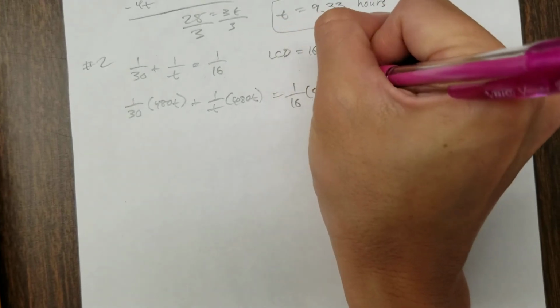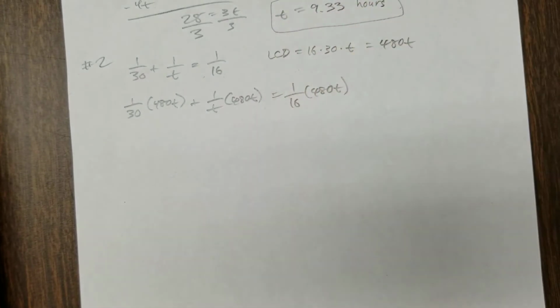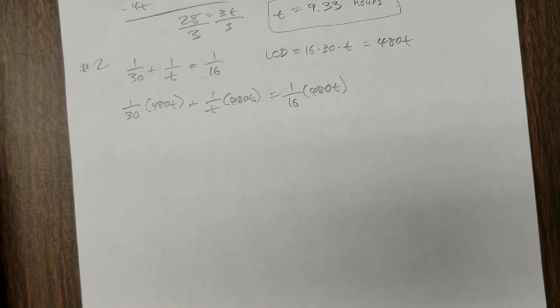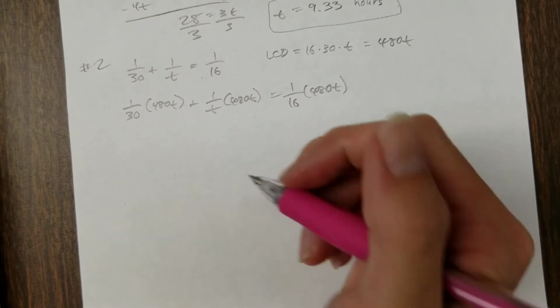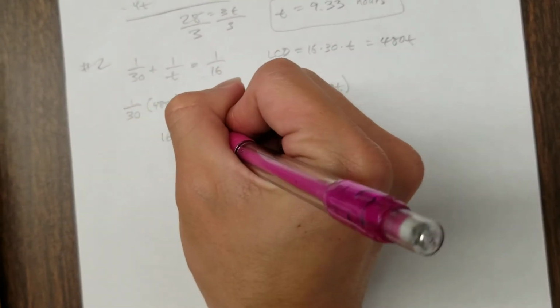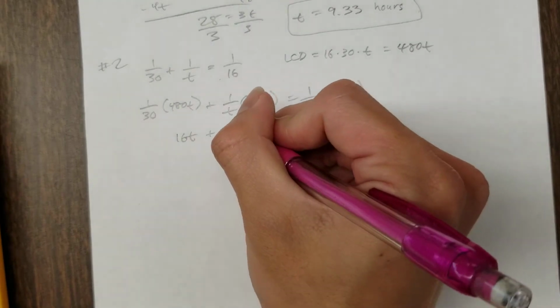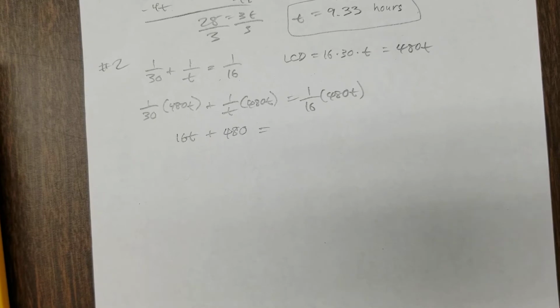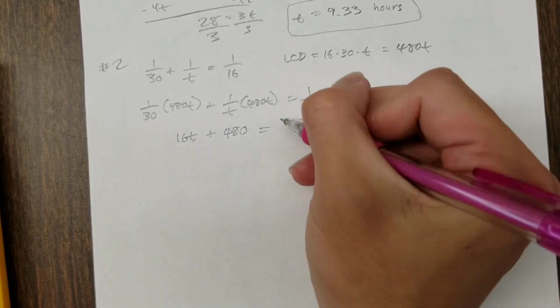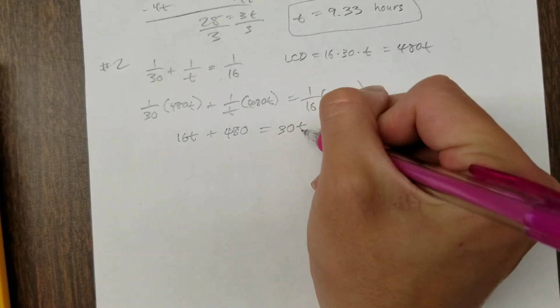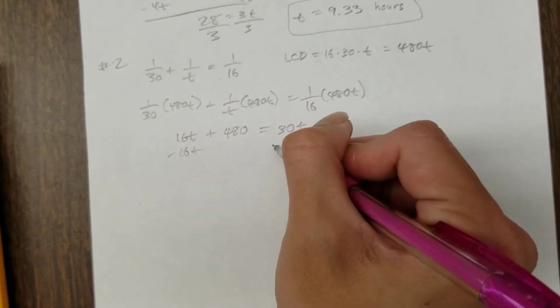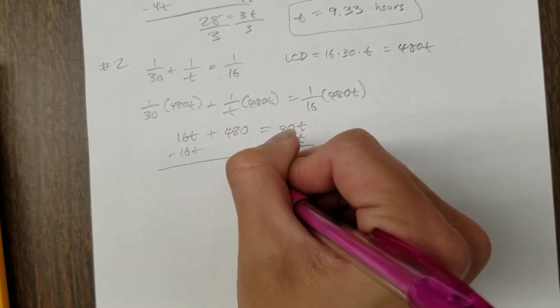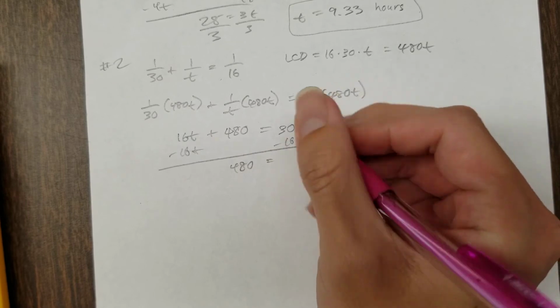Equals 1 over 16 times 480t. So if I divide this out, 480 divided by 30 is going to be 16t. The t's cancel out here. This is 480. This is going to be 480 divided by 16, 30t. If I solve for t, subtract 16t on both sides. 480 equals 14t.